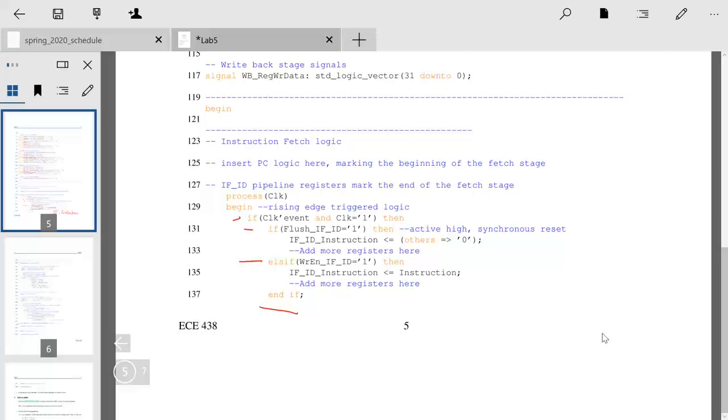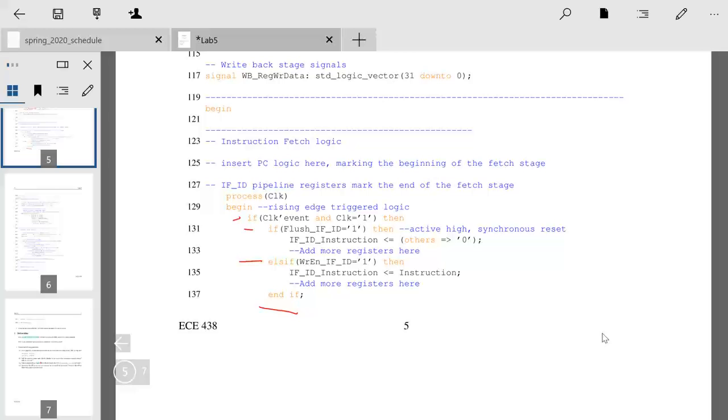You don't need an else, it's implied. If both of these conditions, at lines 131 and 134, fail, then you don't do anything, which is essentially just holding the value you had before. Likewise, when write enable for the IFID is asserted, which is during the normal flow of instructions, it'll latch the value that was fetched.